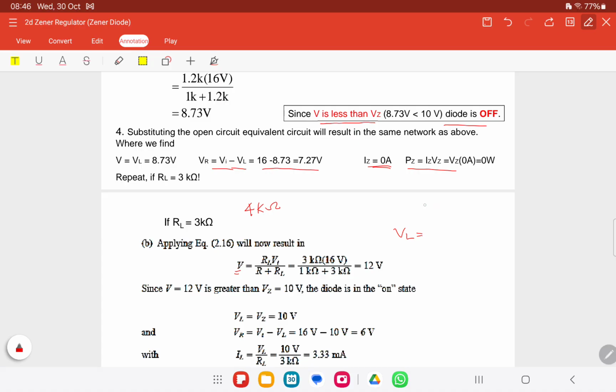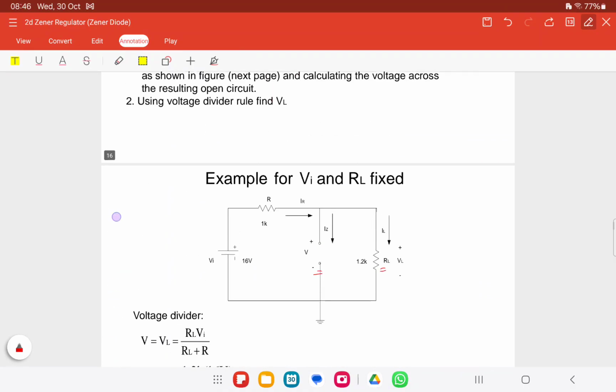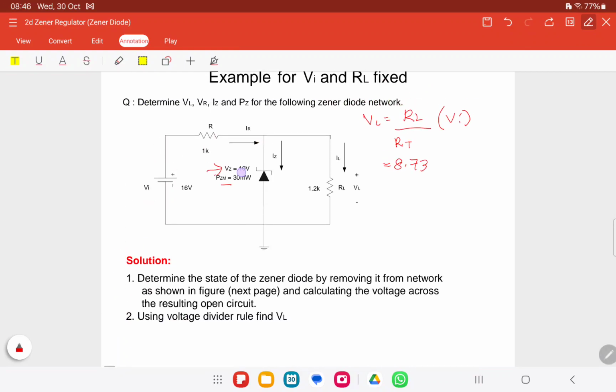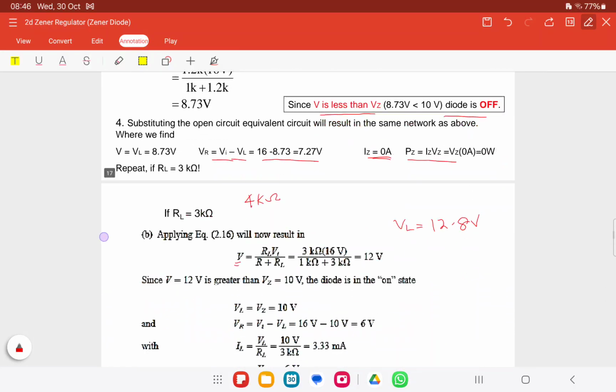Macam mana Amir boleh dapat 16? 12 point? Okay, so the diode is on ataupun tak? On, because it is greater than 10. Dia given VZ is 10. Okay, in order the diode to be on, the VL must be greater than 10.